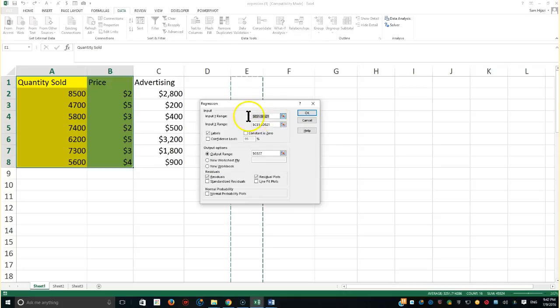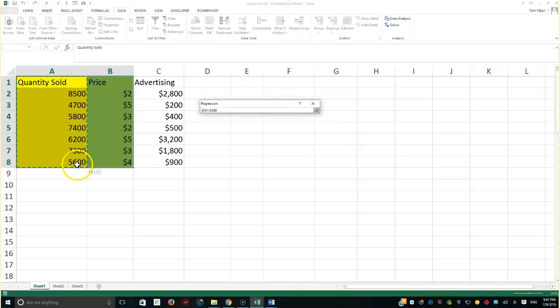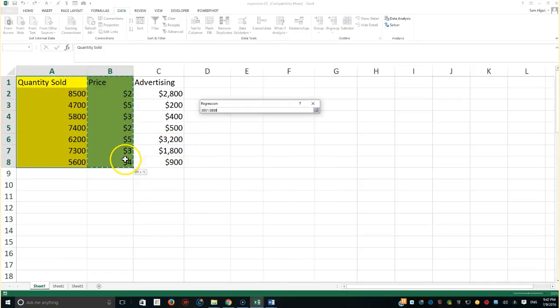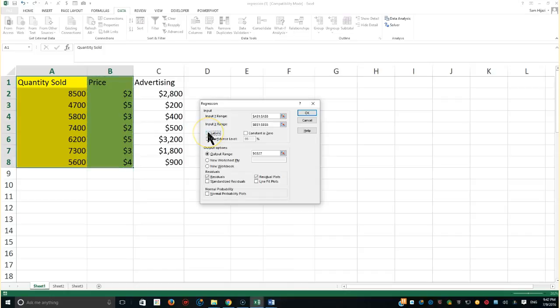The first thing I want to do is get the y input, which is going to be this one here, and the x input is going to be this one here. I'm going to leave the labels, and the confidence level I'm going to leave by default at 95%, which means we are allowed 5% room.